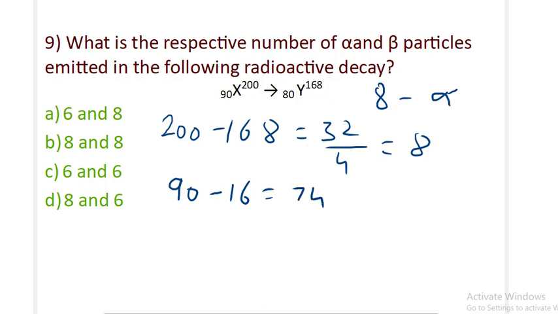So it should have become 74, but there is an increase of 6. So increase of 6 means what? 6 beta particles are also emitted, which will compensate the loss, which will just make this plus 6. So it becomes 80. So the answer in this case is 8 alpha and 6 beta particles are emitted.